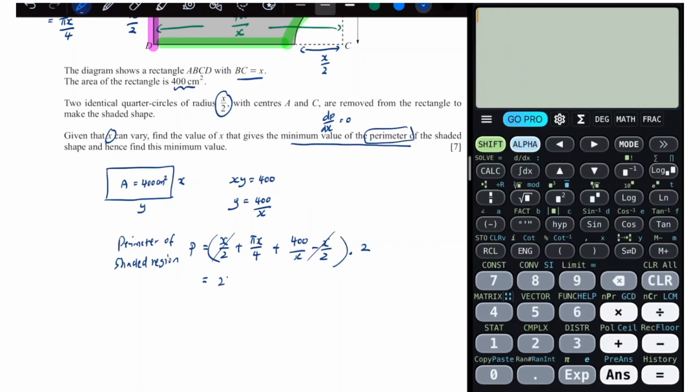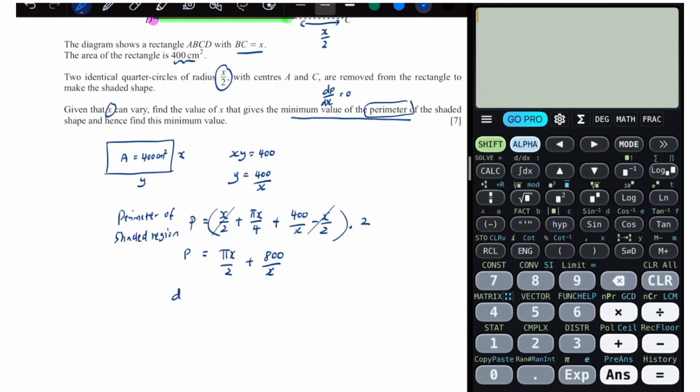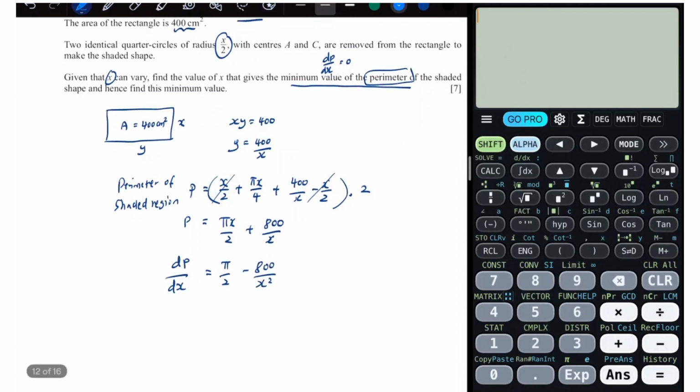So that's gonna be pi x over 2 plus 800 over x. That's for perimeter. So dP over dx will be just pi over 2 minus 800 over x squared. Remember when you're differentiating this, just move the x up due to the rules of reciprocal, then move the power here and it'll be negative 800, but don't forget to minus the power by 1.